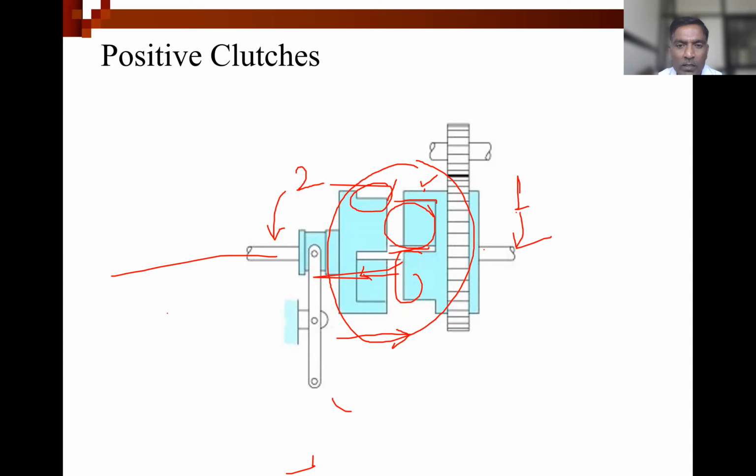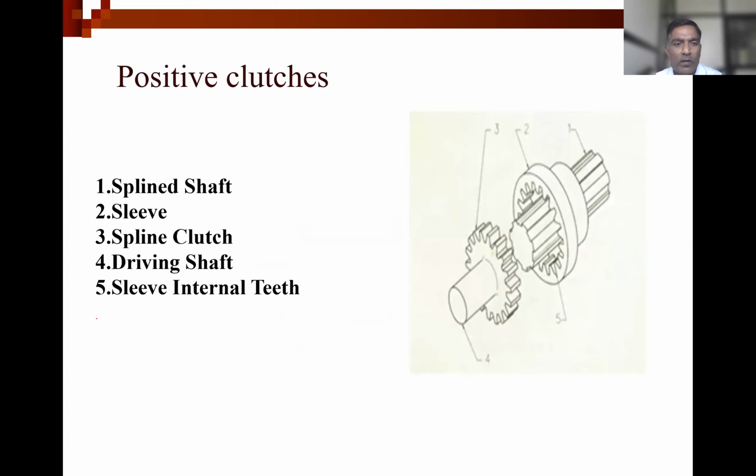So that's why clutches are designed to transmit 25% more than the required. Okay, so this is a positive clutch. Then another example of a positive clutch, you can see the parts.